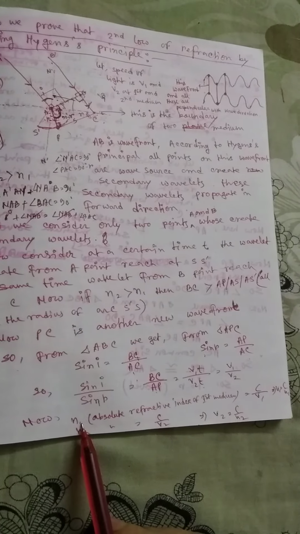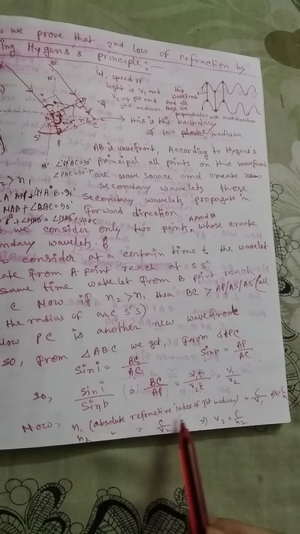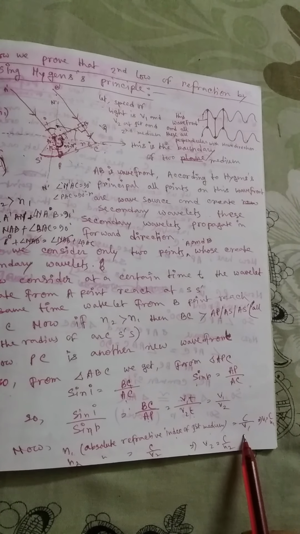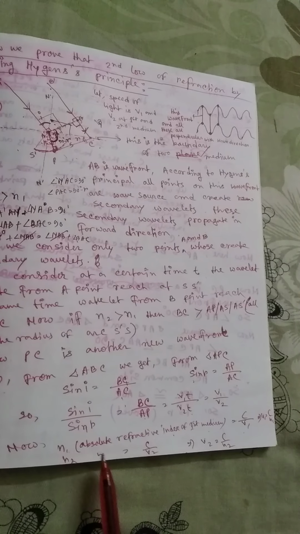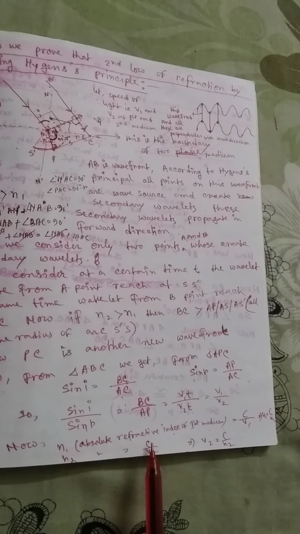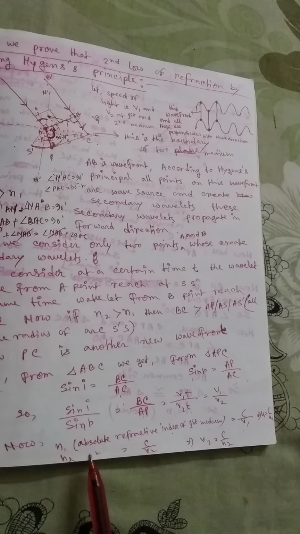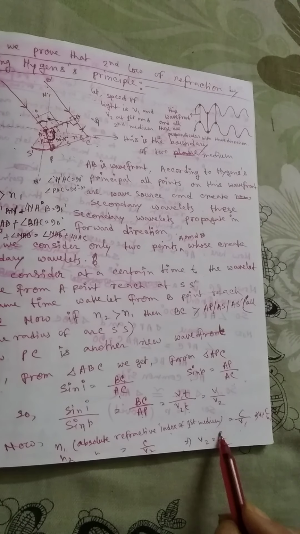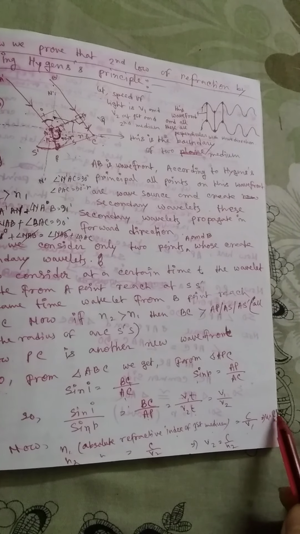Now n1 is the absolute refractive index of the first medium, that means we can write c by v1. And n2 is the absolute refractive index of the second medium, which we can write as c by v2. So v1 equals c by n1, and v2 equals c by n2. Just put all these values in this equation.